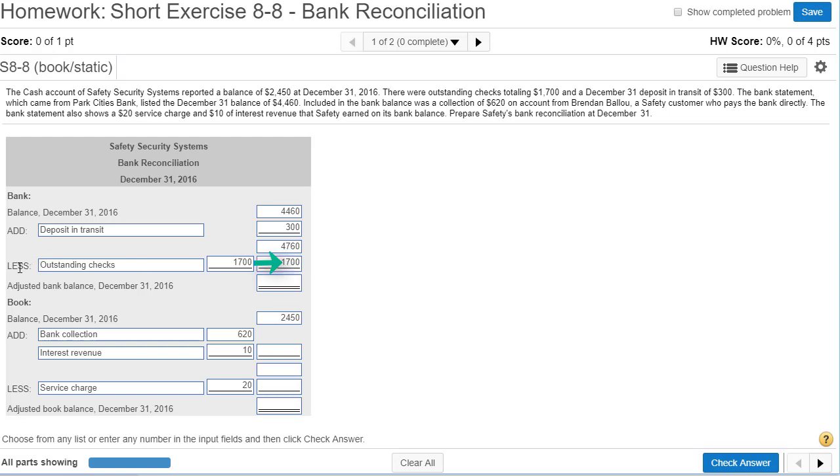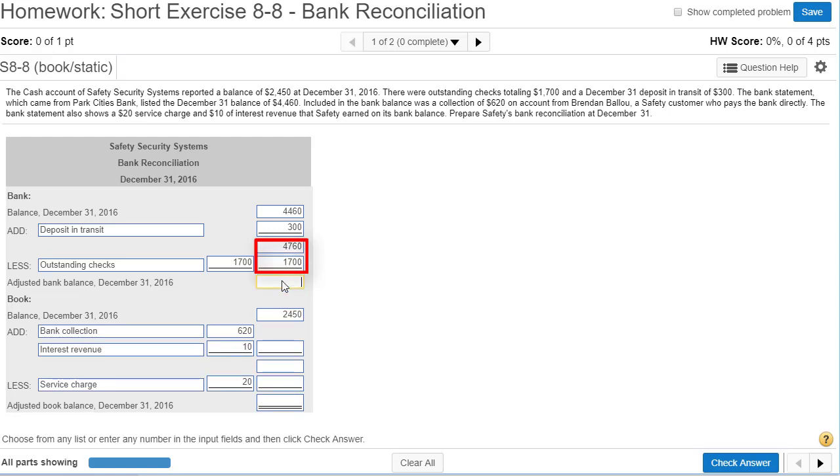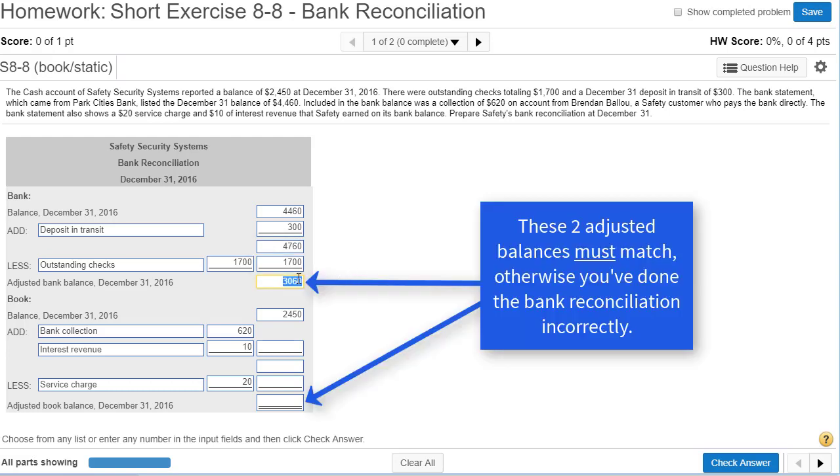And just remember, we're subtracting this. So $4,760 minus the $1,700 gives us, what is that? $3,060. Okay. So now when we're done with the book side, we have to get the same balance. Otherwise, we're missing something or we've made an error.